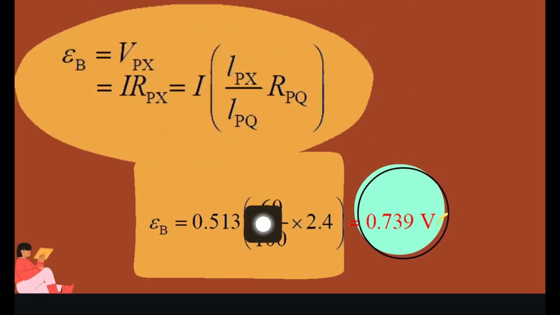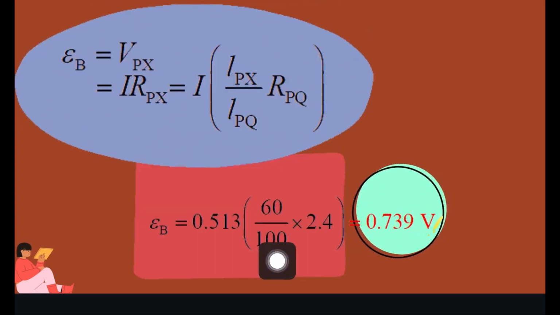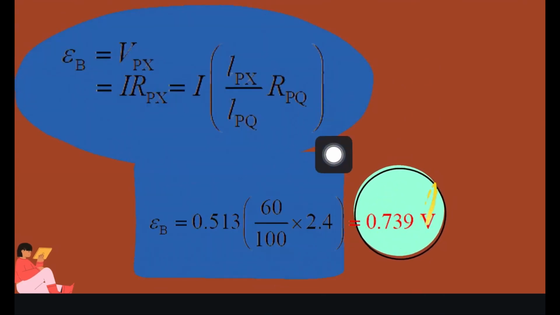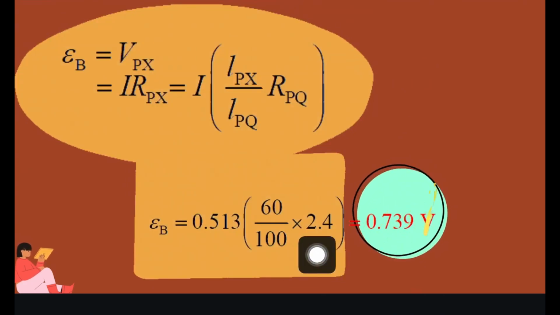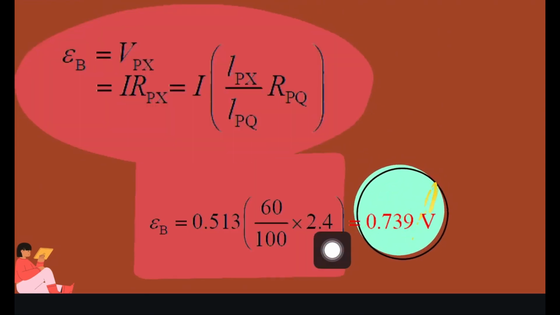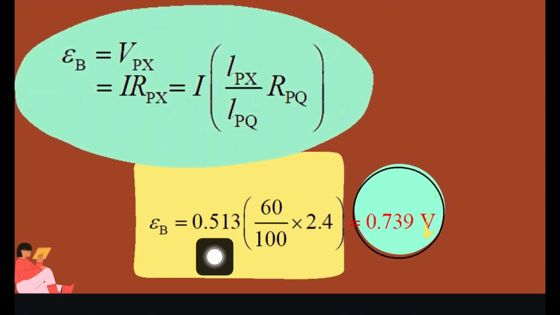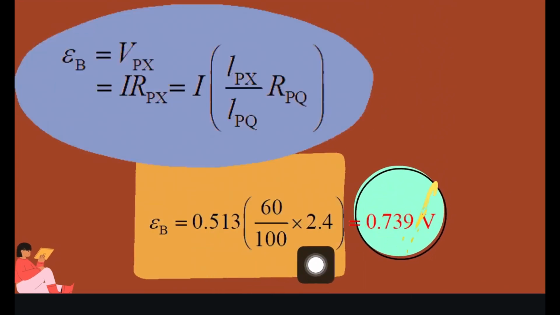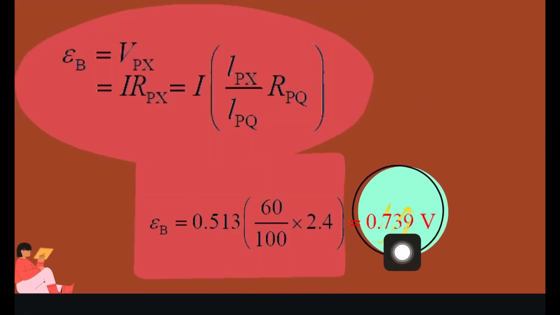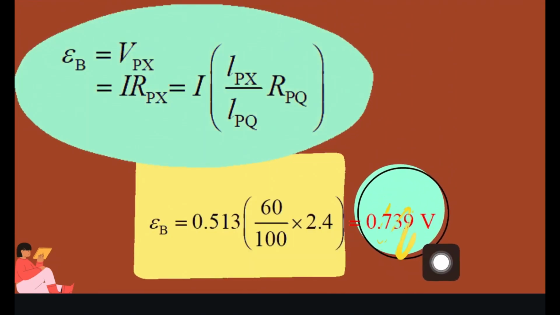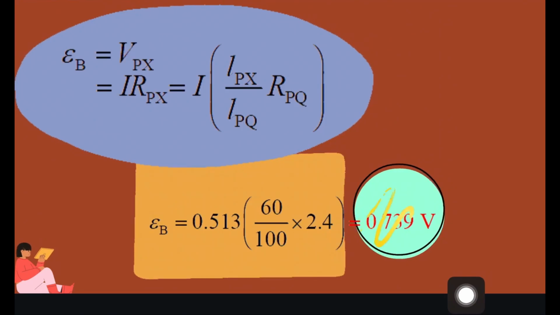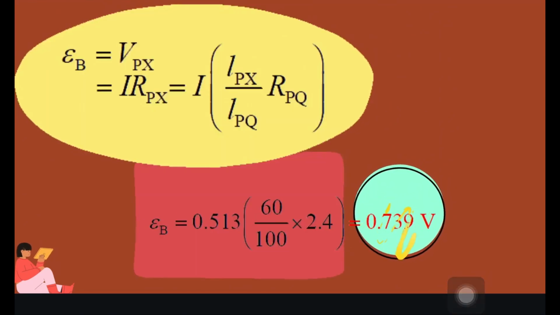Since we have LPX equals to 60 cm and LPQ equals to 100 cm, and given that RPQ is equal to 2.4 ohm, this EB finally equals to 0.739 volt. Okay, we get 0.739 volt.